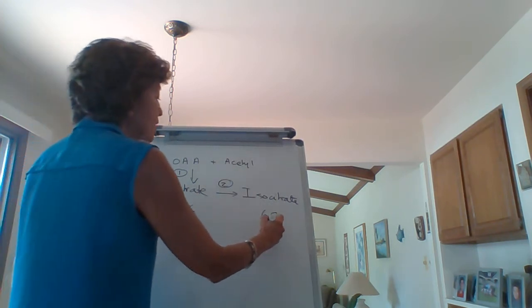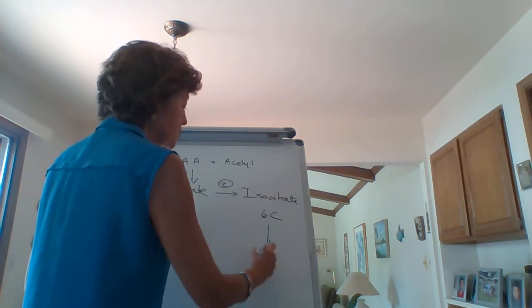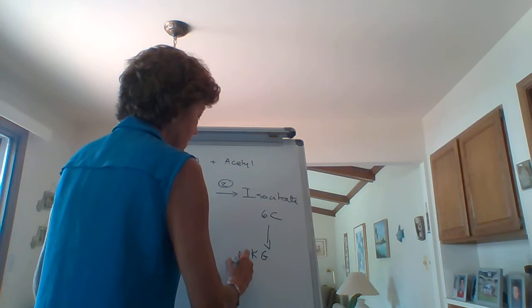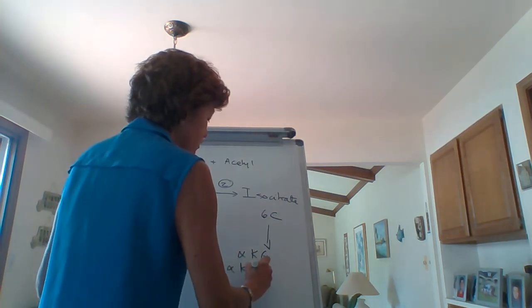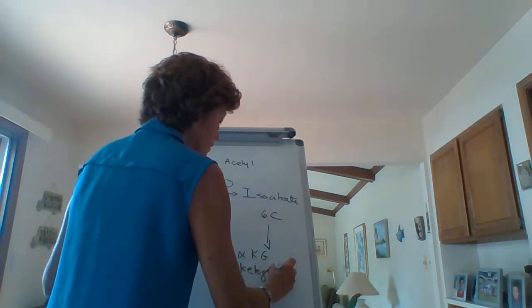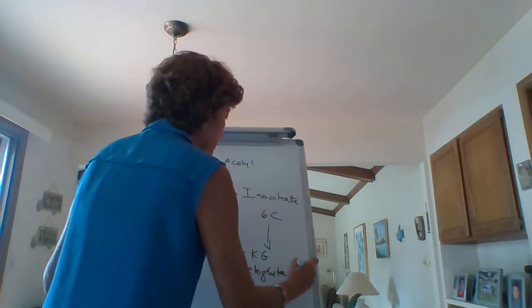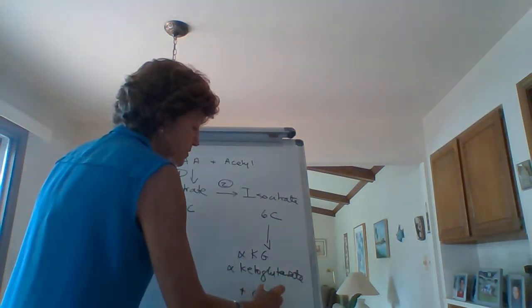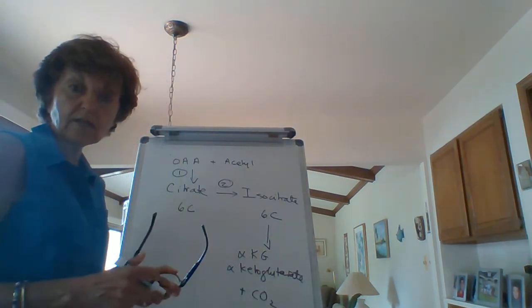Third reaction, isocitrate is turned into alpha KG, which is alpha ketoglutarate. In the process, you are removing one of the carbons, so carbon dioxide goes off.